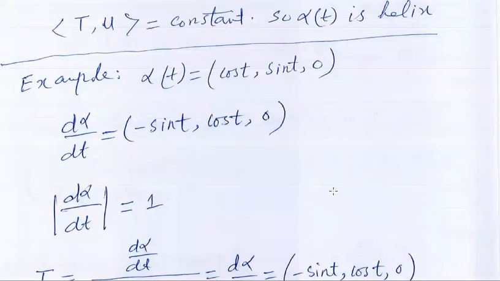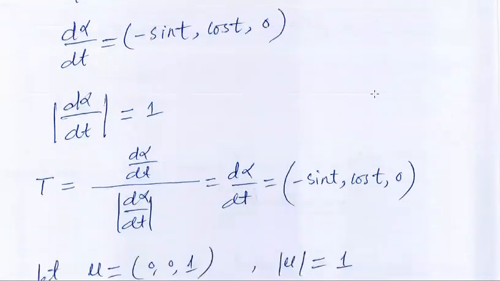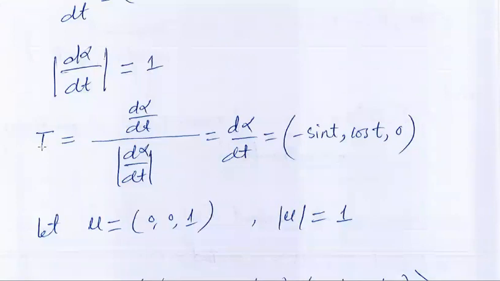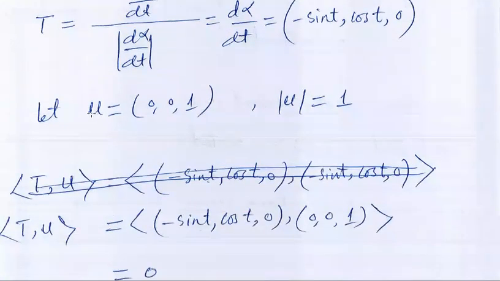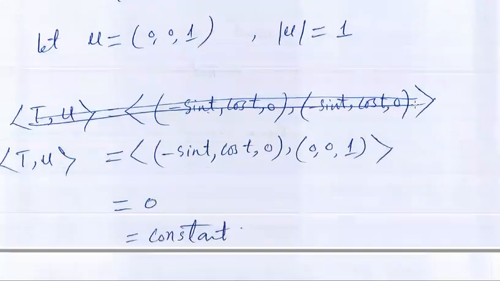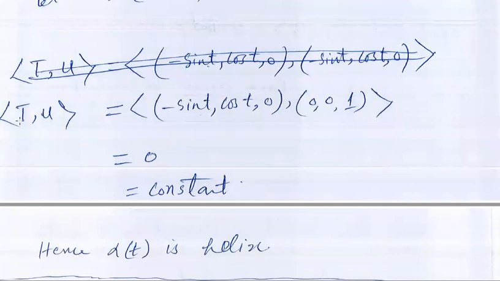Here is another example. Alpha of t is equal to (cos t, sin t, 0), which is a circle, and we find its tangent vector field, d alpha by dt over the magnitude of d alpha by dt, and let us suppose u is equal to the vector (0, 0, 1), that is a unit and fixed vector, and there the inner product of t and u is 0, which is also constant.